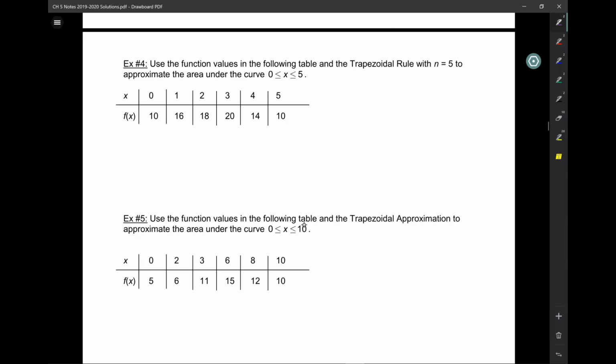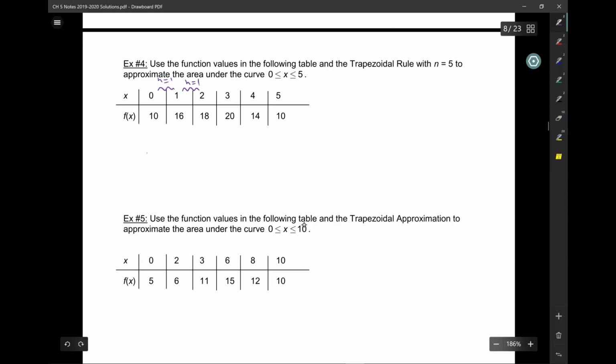So n equals 5, and then you see here, these x values are your heights, right? So here you have a height of 1, and it continues through. So here's the main difference between LRAM, or the rectangular, and the trapezoidal, where these are your heights, and these are the bases. But, generally speaking, everything else is the same.